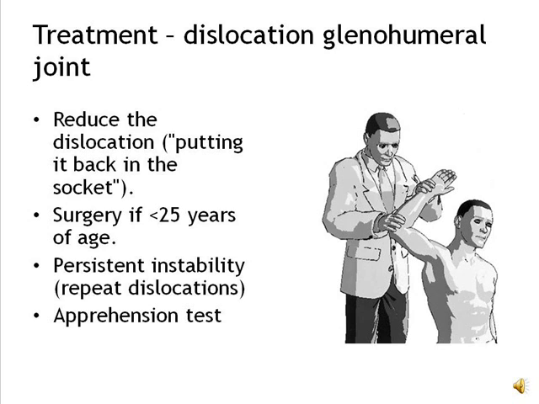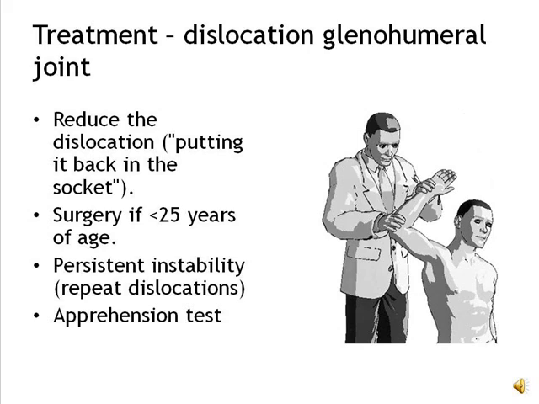Thorough motor and sensory examination before and after the joint is restored to its normal anatomical position is important, since injuries to the axillary nerve can occur in up to 40% of the cases. So additional treatment at a later date is based on the patient's age, repeated dislocations, and the underlying associated soft tissue injury.